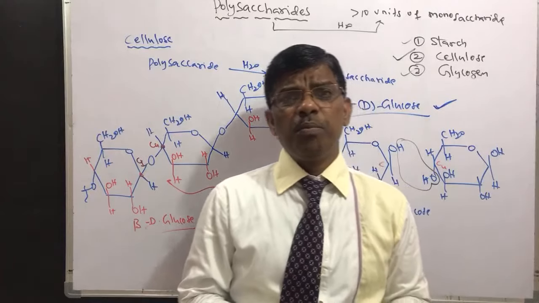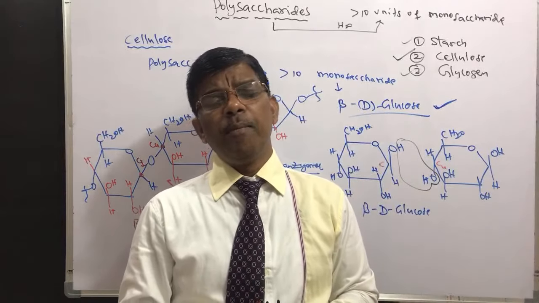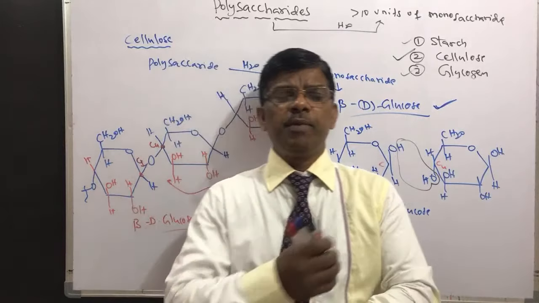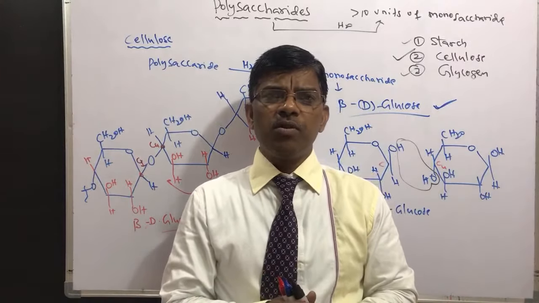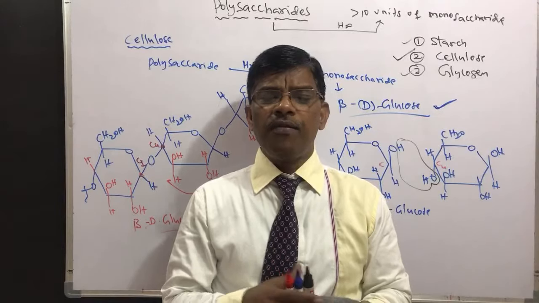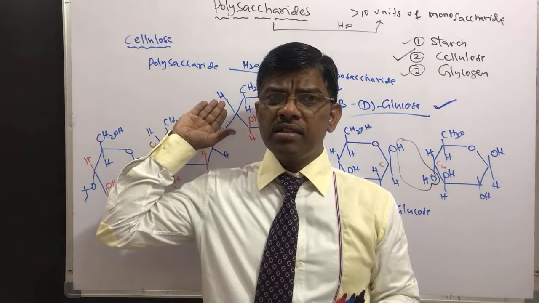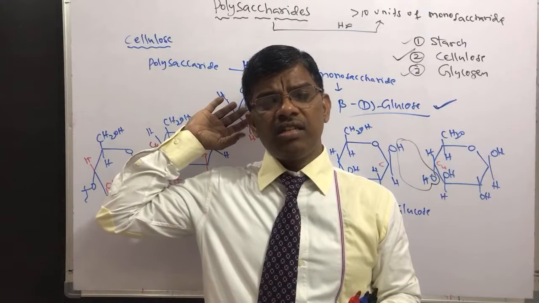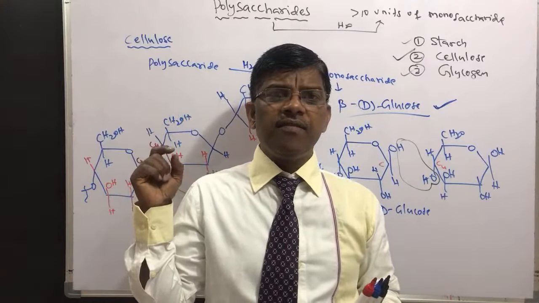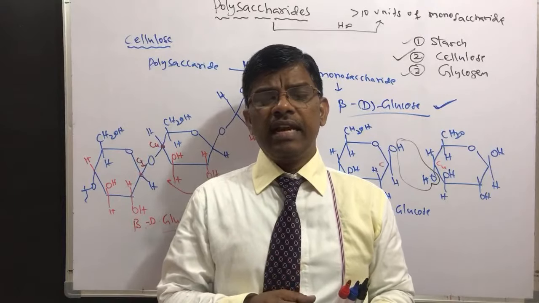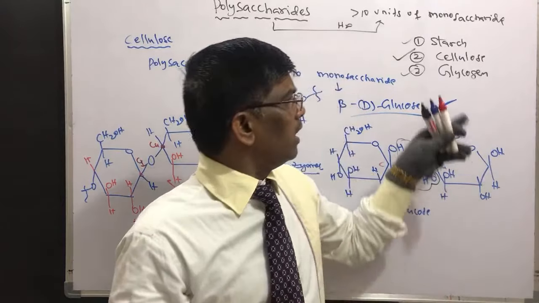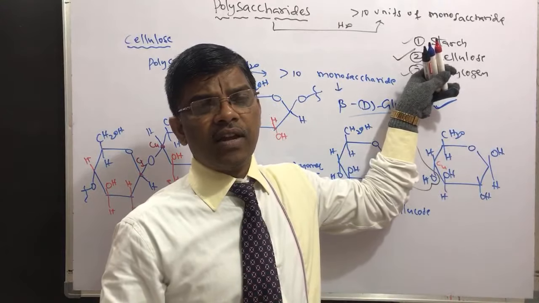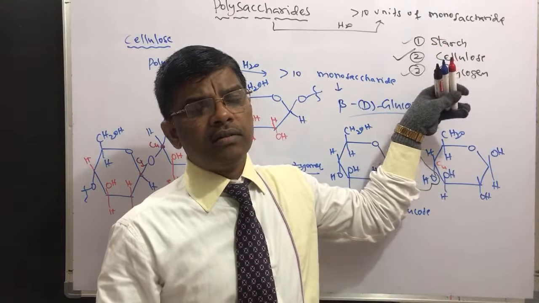Dear students, before concluding, what is the importance of carbohydrates? Carbohydrates are important compounds with respect to biology. These compounds exist in the form of sugars in the body; in plants it is as starch, and in animals it is in the form of glycogen, right? In plants, cellulose is one of the parts of the cell wall.